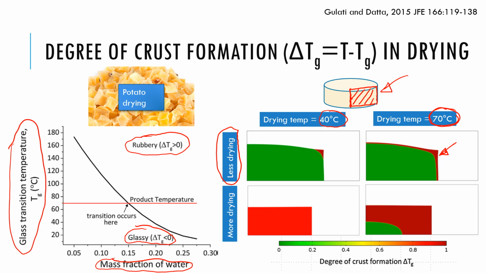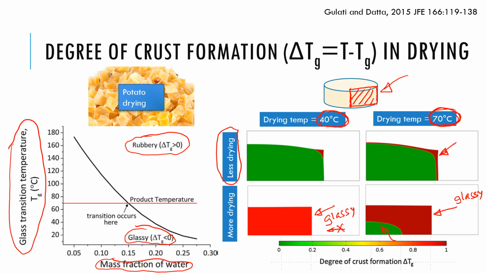At a later time in drying, what we notice is the slow drying process makes the entire material completely glassy, whereas in the faster drying material, also reaching the same moisture content, the outer layer is glassy, but there's still some rubbery region left, which is not the case in this one.